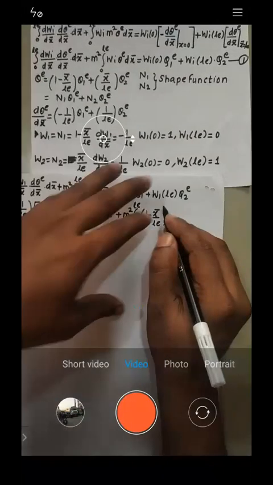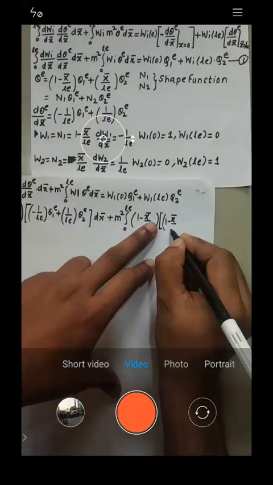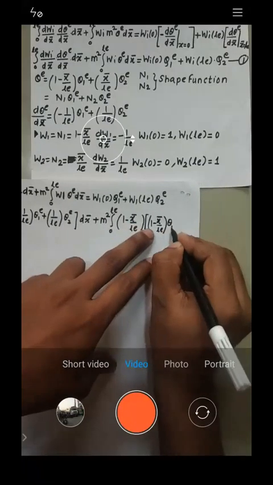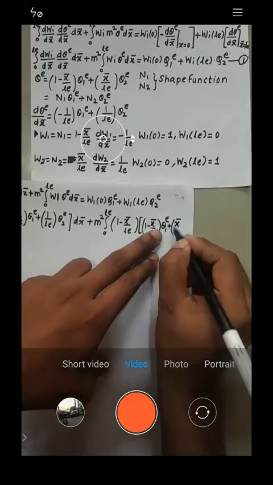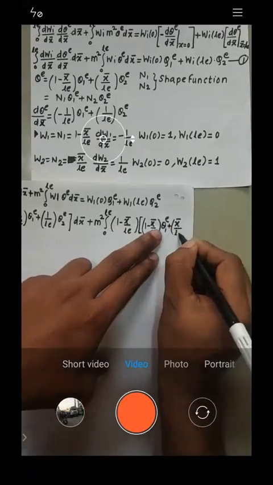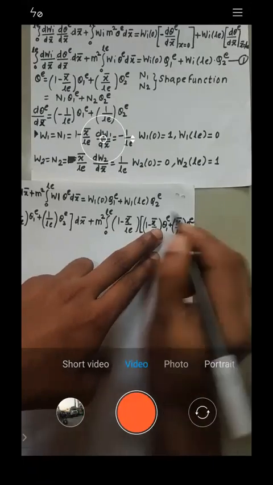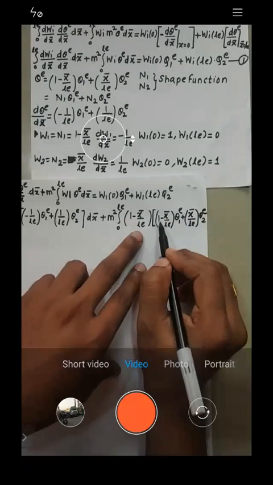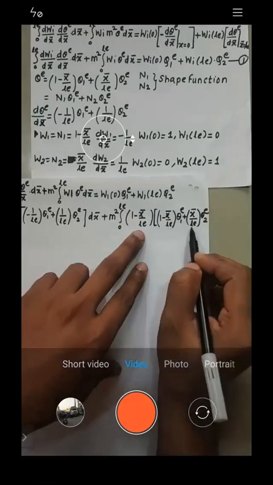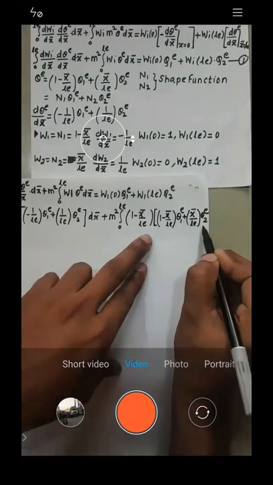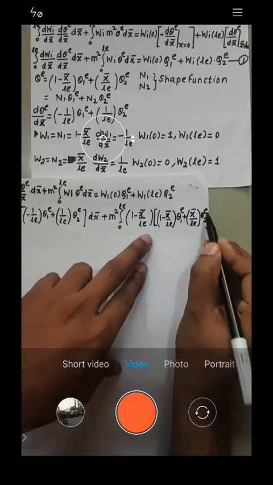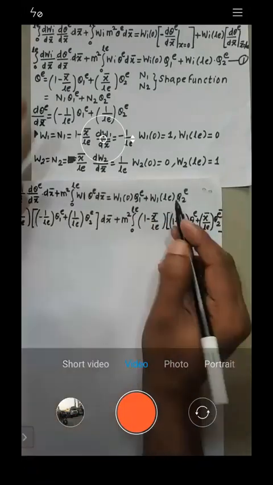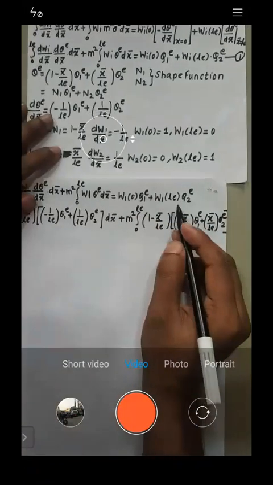1 minus x bar by LE theta 1E plus x bar by LE theta 2E. Is it okay? And this bracket is completed. Into dx bar is equal to, I'll write down here, the weight function when x is 0.